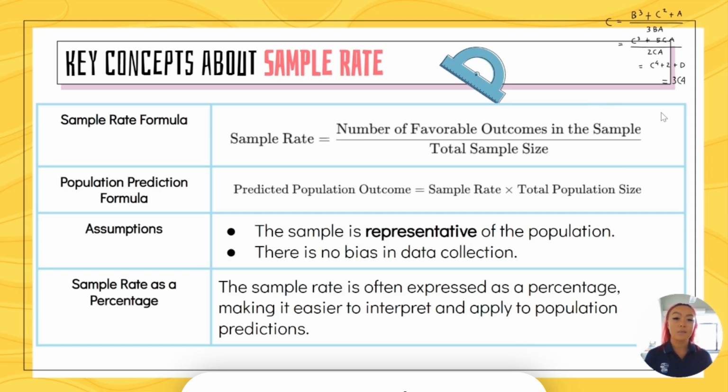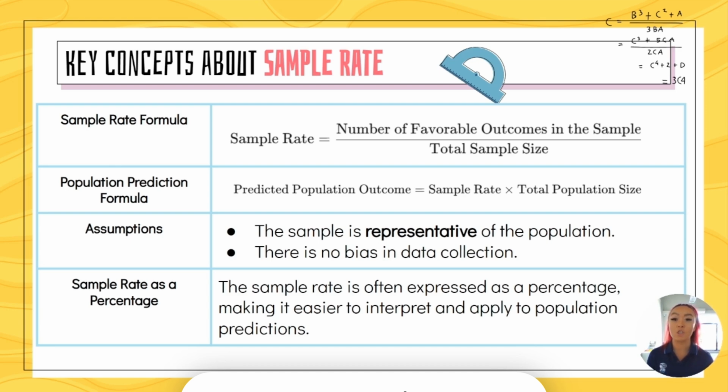Some key concepts about the sample rate. So first, you'll need to know the sample rate formula. The sample rate is equal to the number of favorable outcomes in a sample divided by the total sample size. And then you need to know the population prediction formula, which is the sample rate times the total population size.